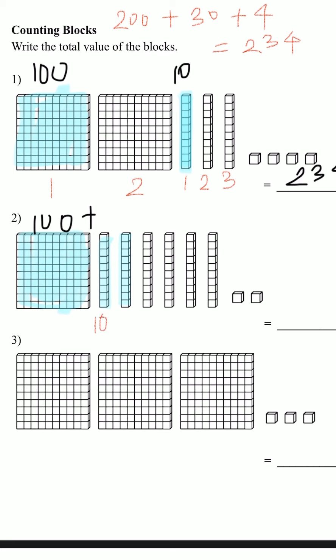So each of them represents 10. So that would be 100 plus 1, 2, 3, 4, 5, 6. So 60. And then plus, we count how many ones we have. So 1, 2. That would be plus 2.